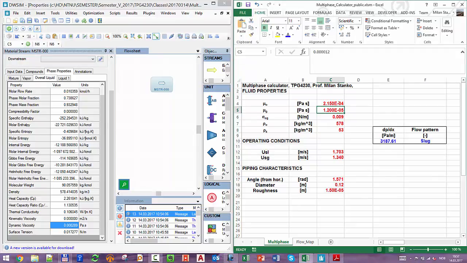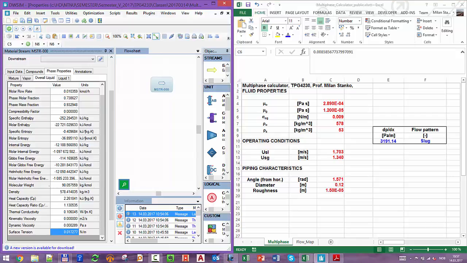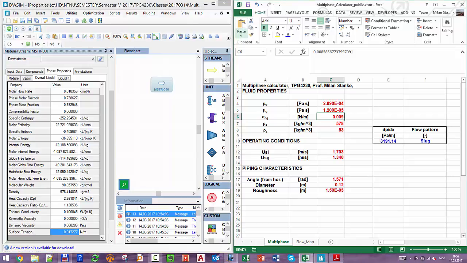Oh, sorry, I pasted them opposite. Okay, and then the surface tension is here. I have to check that it has the right units. Yes, paste. Okay, and you see slug pattern, slug flow, that means intermittent, and I have 3.223.